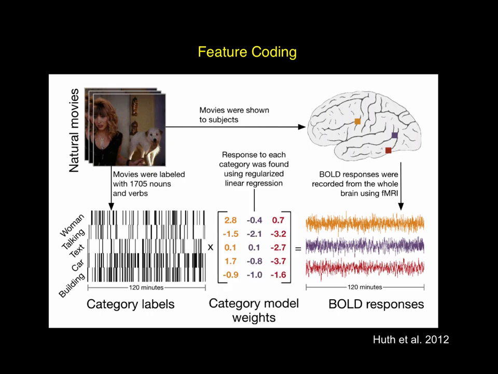And so what they then do is, through a particular regression model, they can calculate the weights for each of the categories on a given voxel. And they can get a model that represents for each voxel the various weights for all of those verbs and nouns.